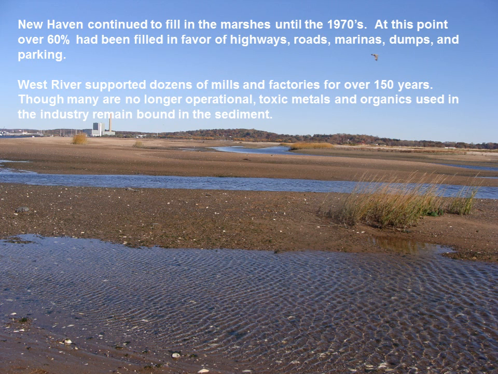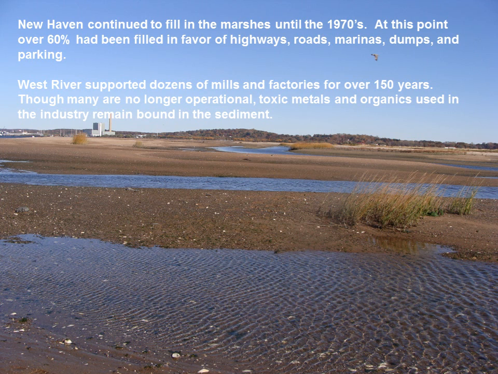So New Haven just continued to fill marshes until around the 1870s. And at this point, over 60% of all the highways, the trains, everything, those were all built on filled-in salt marshes. The area near IKEA, all the way up through the greens at Yale, those are all filled in.